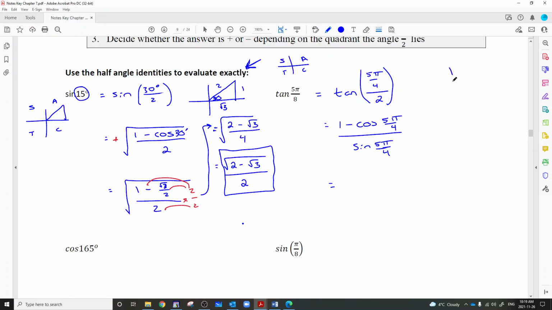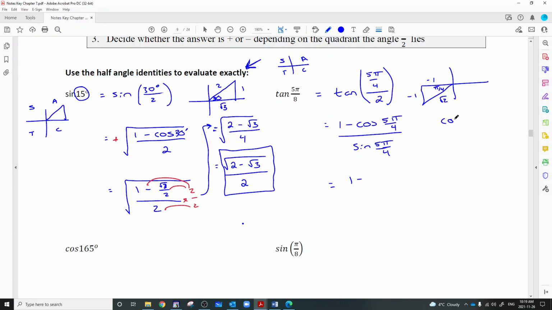So looking at this one, I've got the cos of 5 pi by 4. So 5 pi by 4 is in quadrant 3. My reference angle is pi by 4 past 4 pi by 4. So I know I've got my 1, 1, root 2 triangle. I always have to look for my signs, the negative x value and a negative y value. Okay, and then we plug it in. So we get 1 minus the cos.